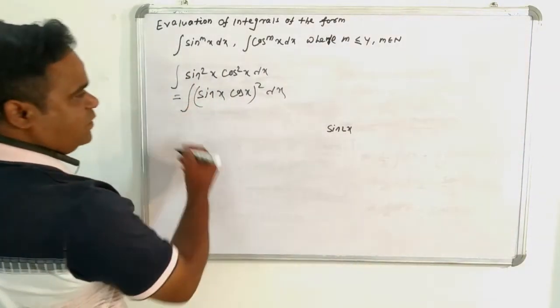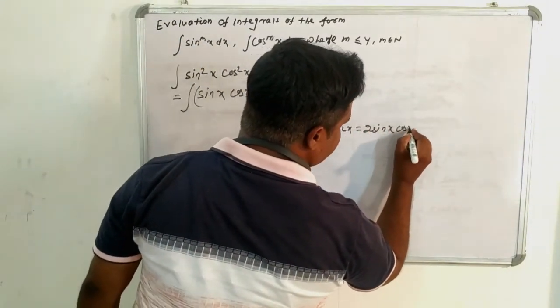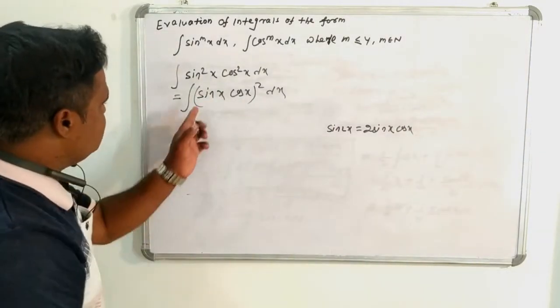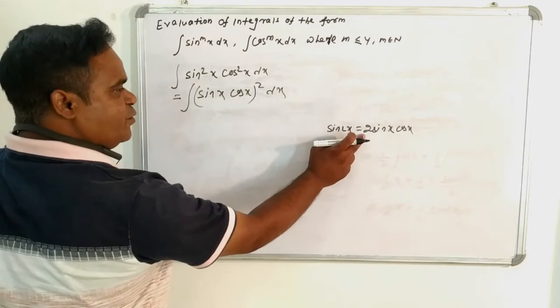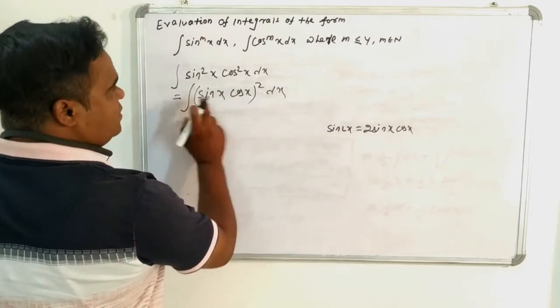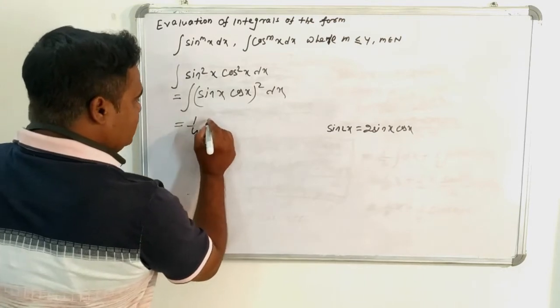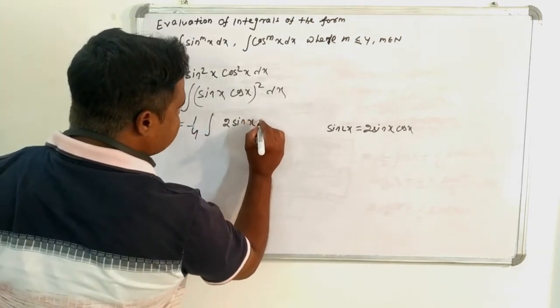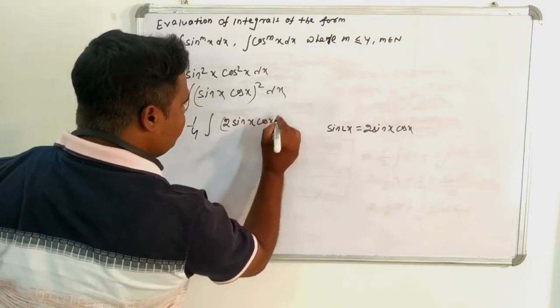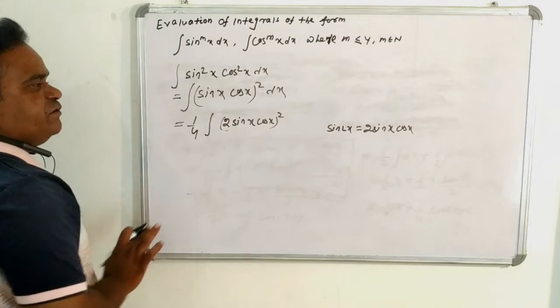But the sin 2x formula is 2 sin x cos x, and here the question has sin x multiplied by cos x. So the factor 2 is required, so 2 multiplied in the square form, so 1 by 4 multiplied by 2 sin x cos x, because in the squaring form 2 square value is 4.